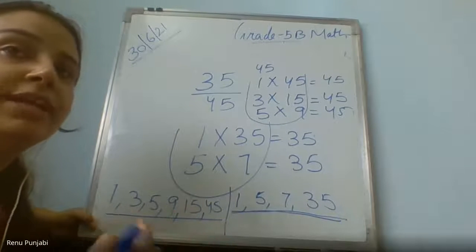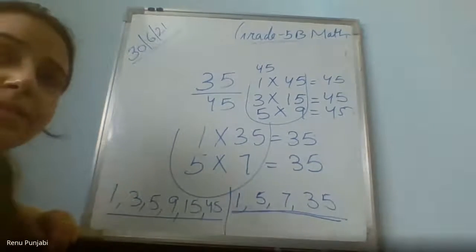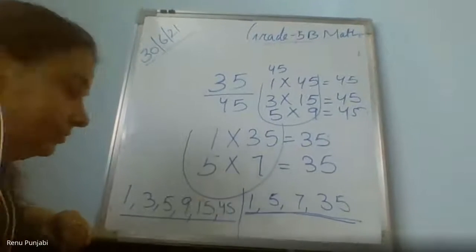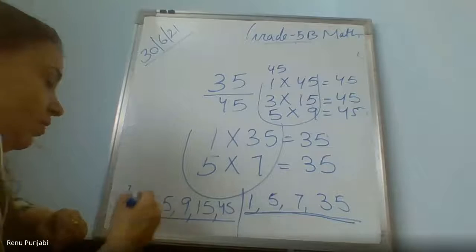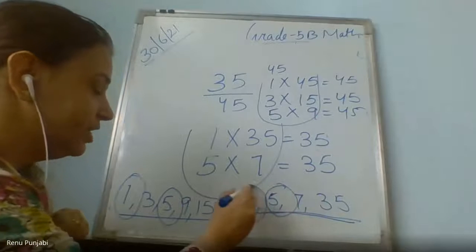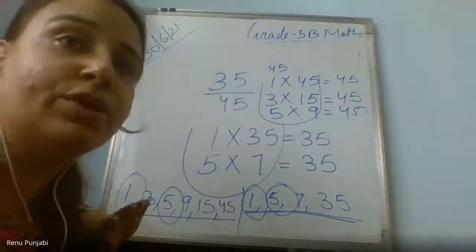Children, first you need to find out the common factor. Which factors are common? जो इसमें भी है और इसमें भी है. Yes, Karnav. Ma'am, 1 and 5. Any other factor which is common in both?